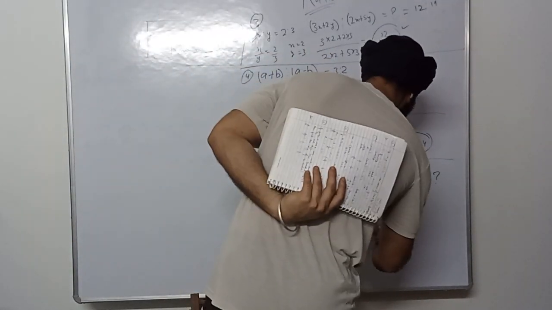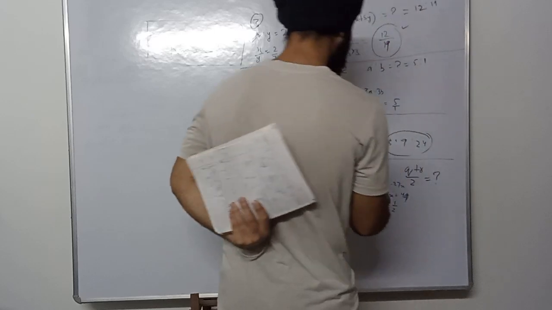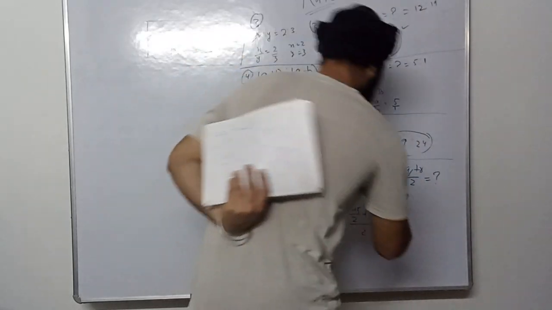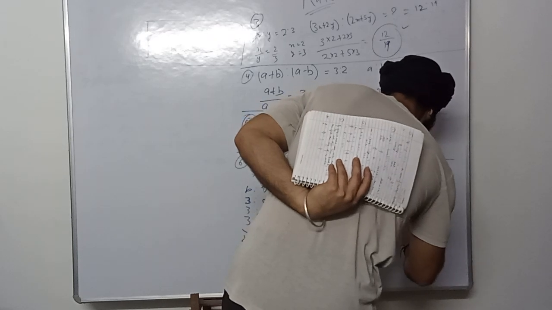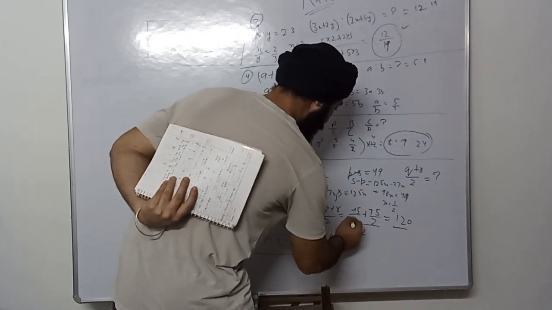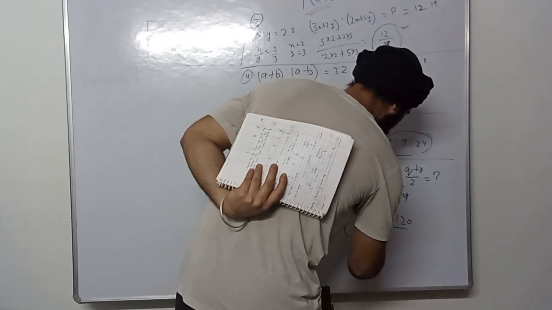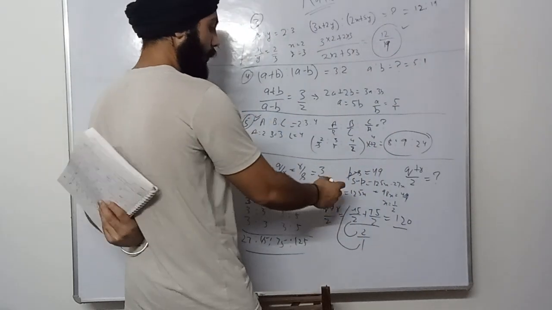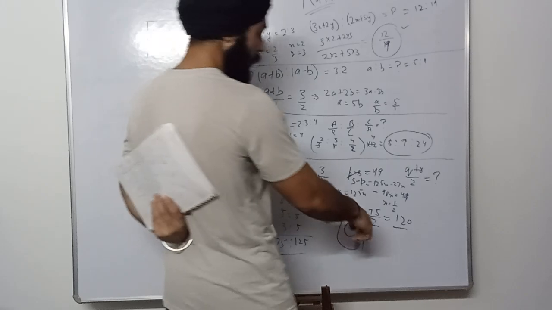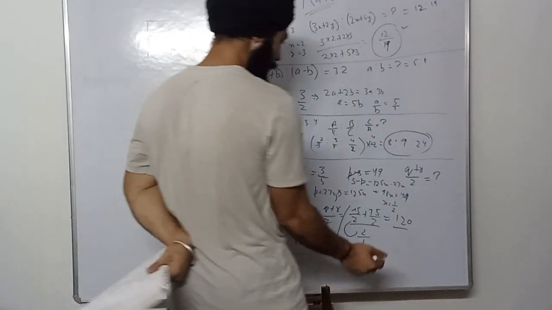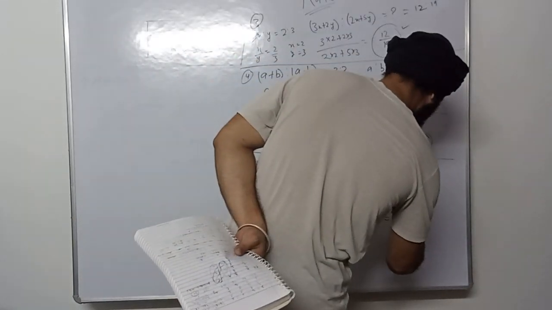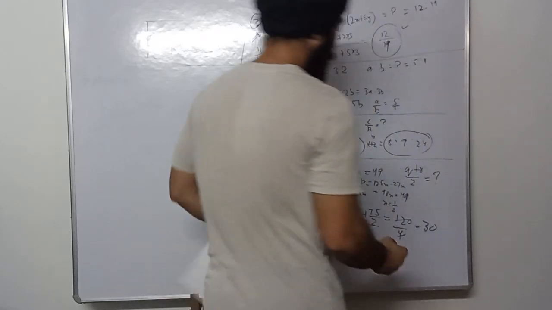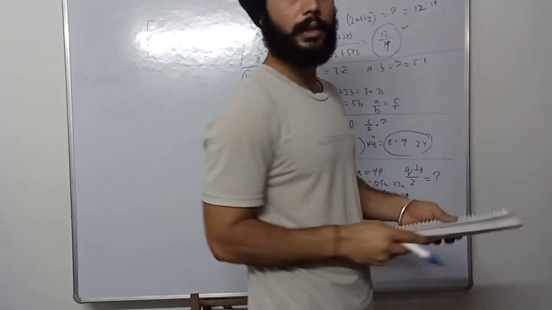So whole divided by 2. So 45 plus 75 is equals to 120. So 120, this 2 will get multiplied by this. Because 2 by 1, we have to multiply the denominator with the numerator and the numerator with the denominator. So it's divided by 4, which is equals to 30. The average of Q and R is 30.